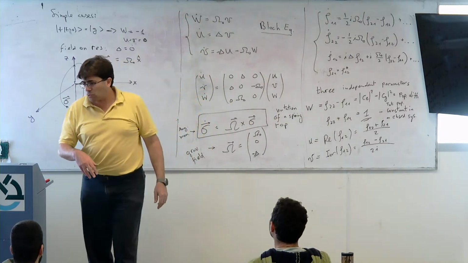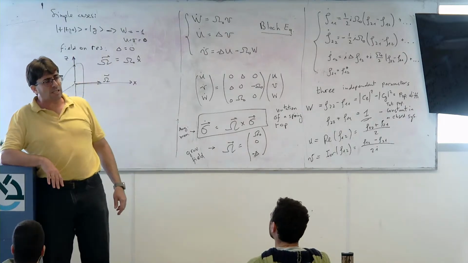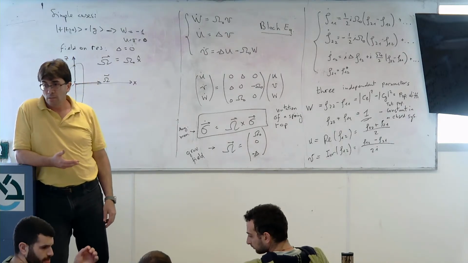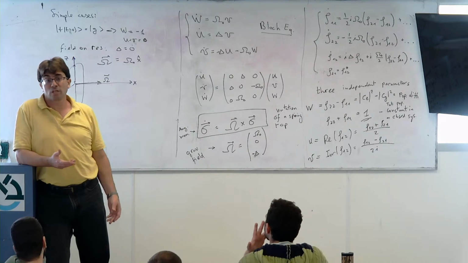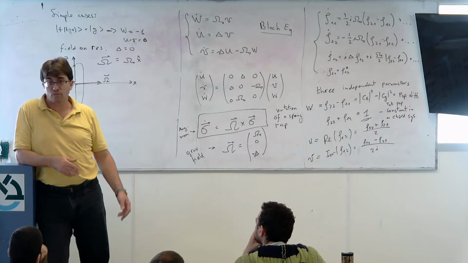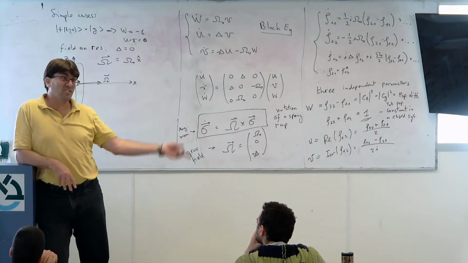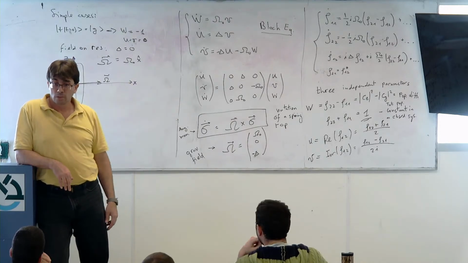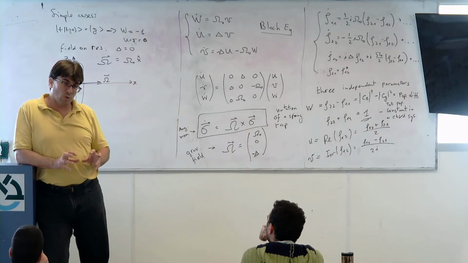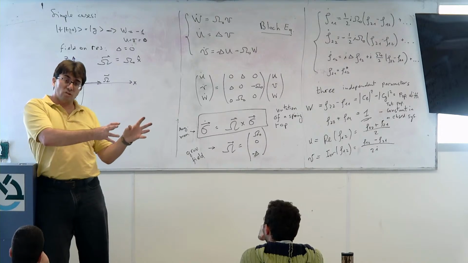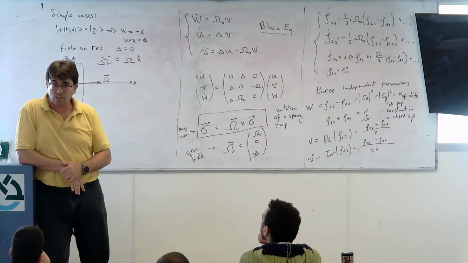But let me tell you, this doesn't work very well in an ensemble. Why? Because there is a detuning for some atoms, but there's no detuning for others. So some atoms succeed, others do not. Some atoms sit where the intensity is slightly larger, some atoms sit where the intensity is slightly less.